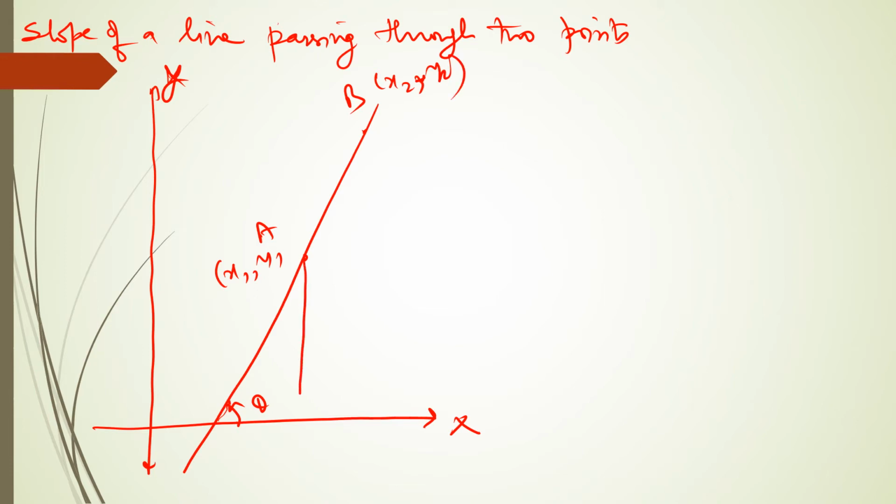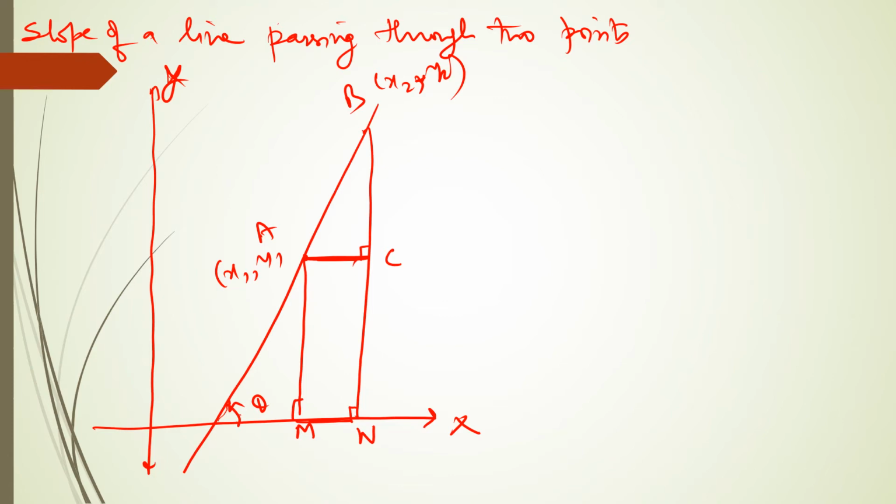We draw AM perpendicular to the x-axis and BN perpendicular to the x-axis. As the lines are perpendicular, AM is parallel to BN. The distance between the lines is also equal, so MN is equal to AC. This is equal to 90 degrees.